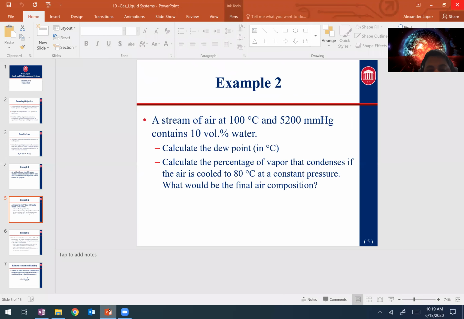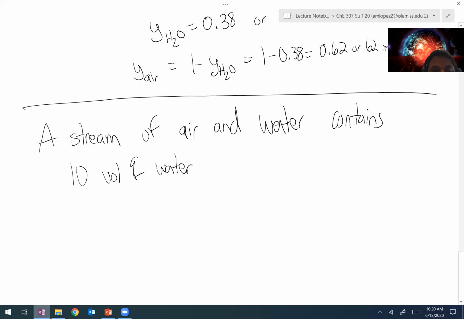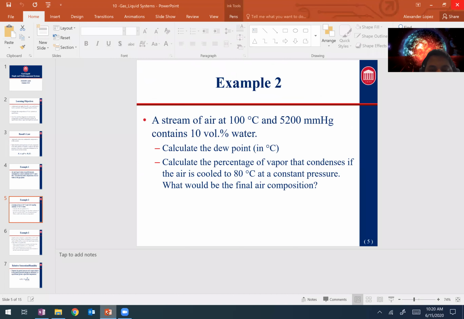The temperature is 100 C, the pressure is 5,200 millimeters of mercury. So a couple questions that are here. It says calculate the dew point and calculate the percentage of vapor that condenses if the air is cooled to 80 C at constant pressure.